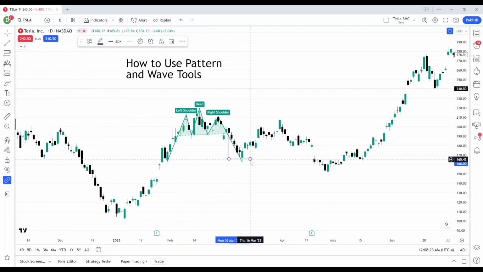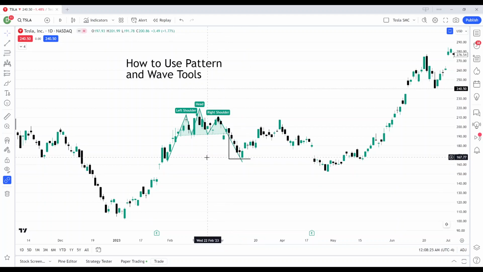So if you were trading that, okay, head to neckline, measure, okay, here we have the same measurement. This would be our price target. Price went down to that, traded right into it. Okay, so that would be a great head and shoulders play.